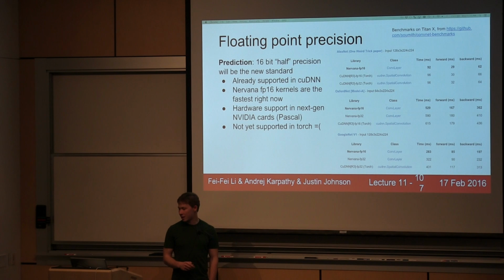The problem is that if you have 16-bit numbers, you can compute with them very fast, but once you get to 16-bit, you might be worried about numeric precision. Because 2 to the 16 is not that big of a number anymore, so there are not too many real numbers you can even represent.